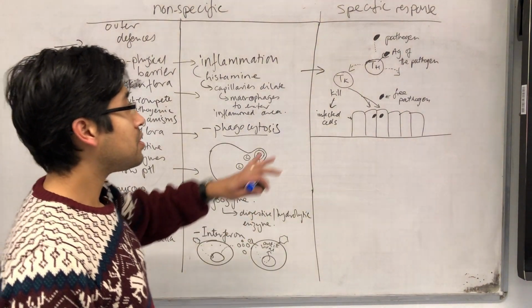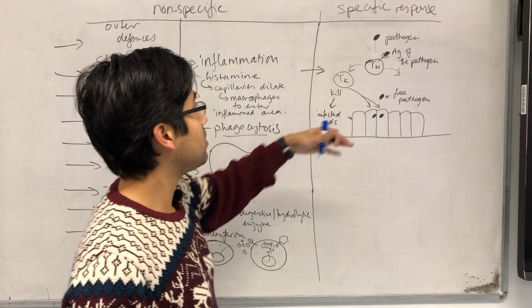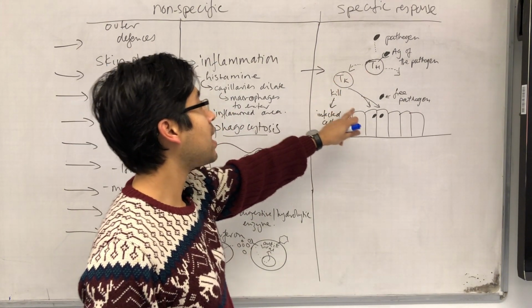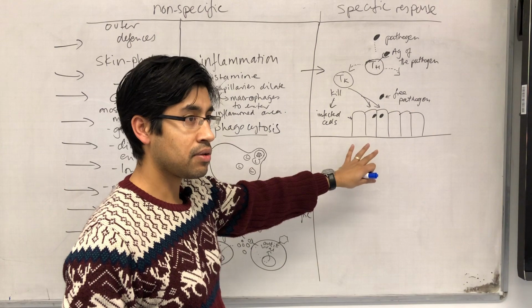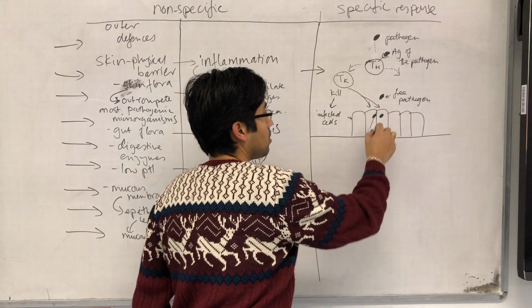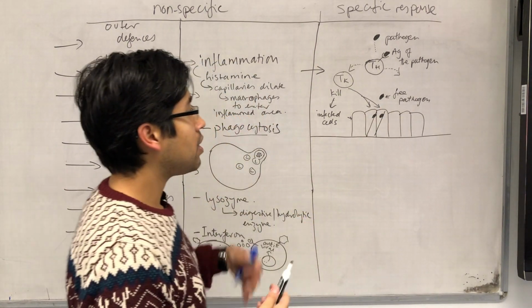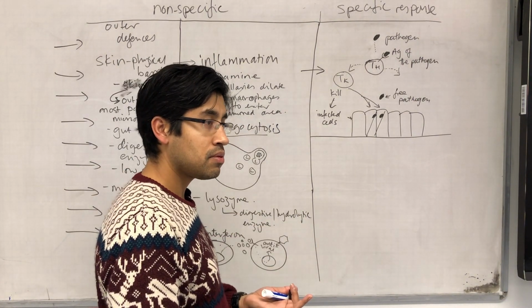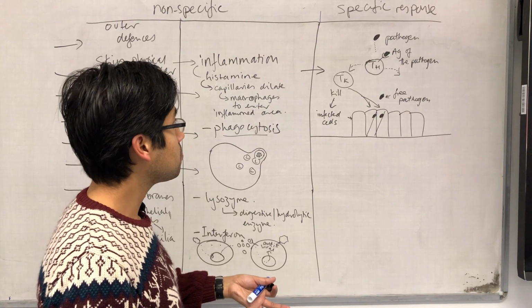Okay, so one branch of this immune response is to generate cells that will kill any infected cells. So those cells can no longer be factories for the production of new pathogen and cause further infection.